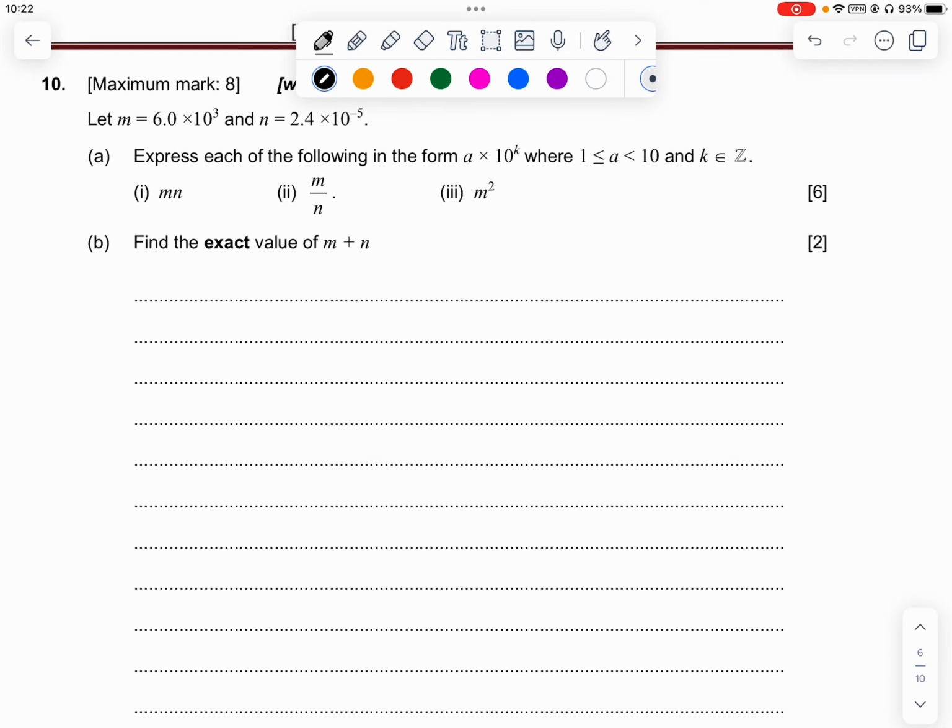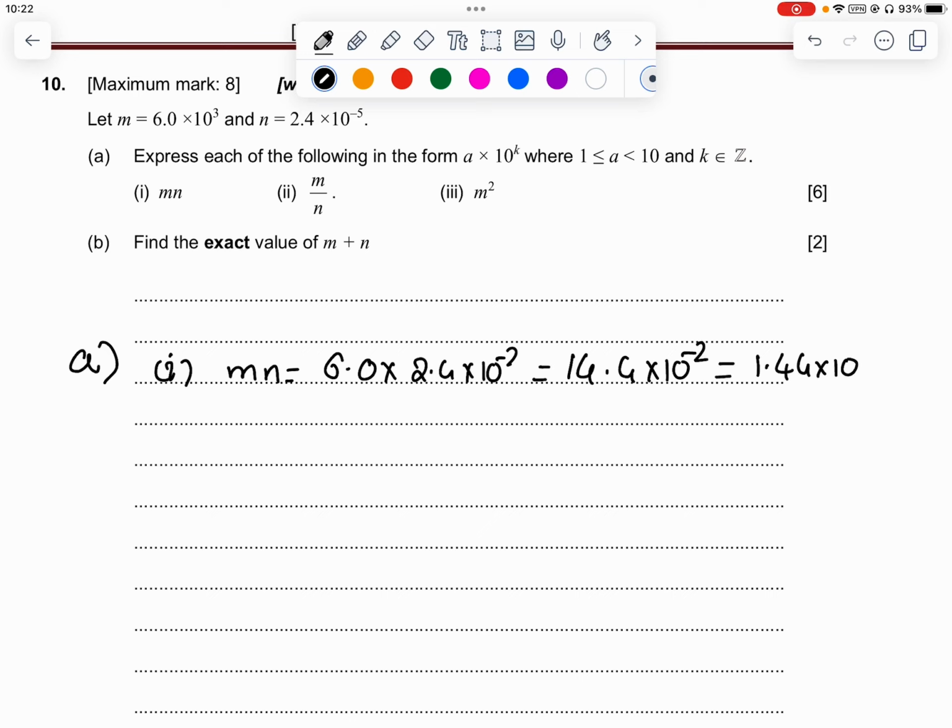Question number 10. M is given, N is given. What is MN? So MN will be equal to 6.0 times 2.4 times 10 power negative 2, which is 14.4 times 10 power negative 2, which is 1.44 times 10 power negative 1. Then M upon N, which is 6.0 divided by 2.4 times 10 power 8, which is 2.5 times 10 power 8.